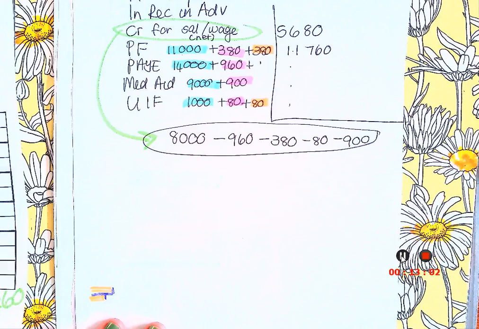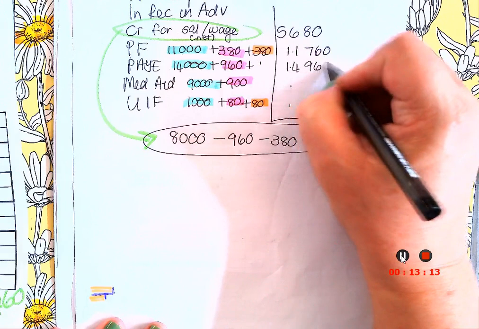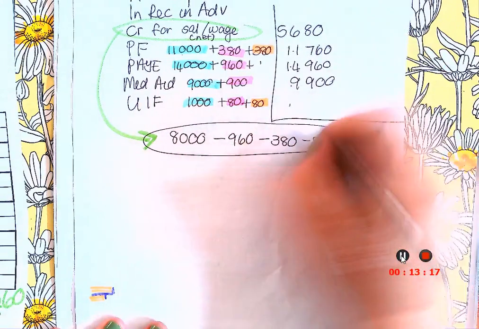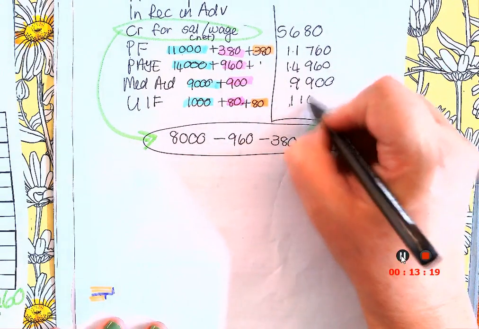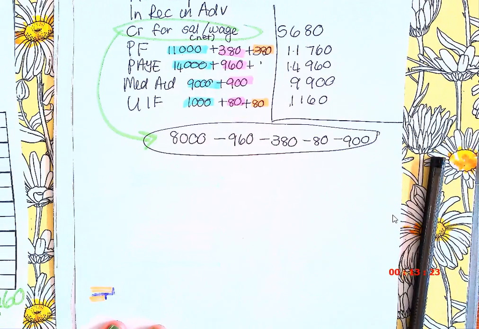Right. That's what I owe the pension. Who am I? I'm the employer. I'm the business. Payee, I need to pay 14,960. Medical aid, 900. UIF, 1,160. You guys with me?